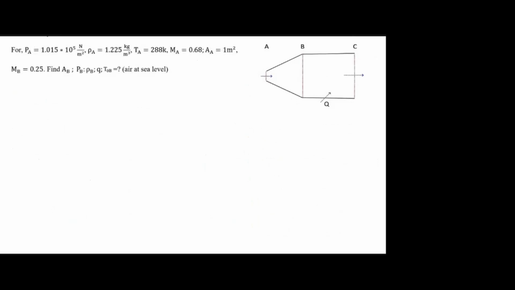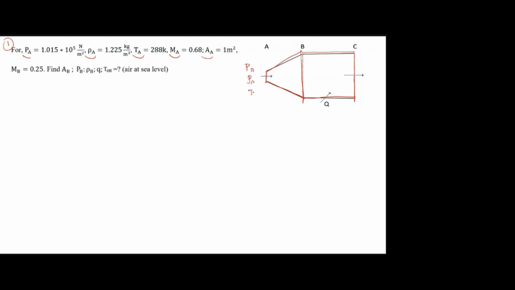This is my first problem. I have two ducts. Initially there is a divergent duct, then there is a constant area duct. They have given pressure, density, temperature, Mach number, and area in duct 1.